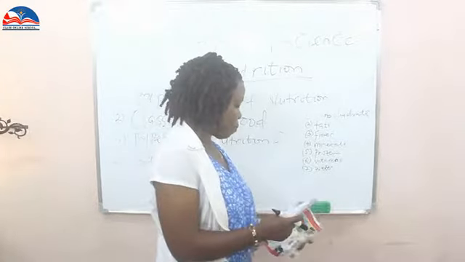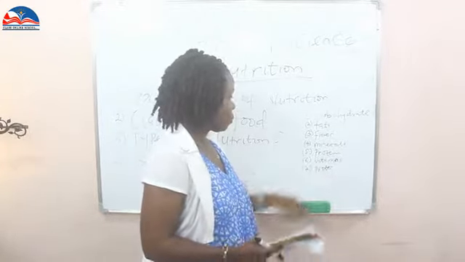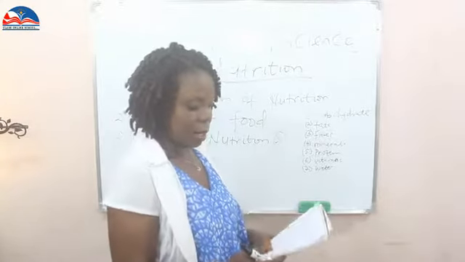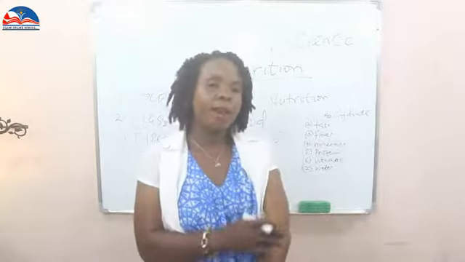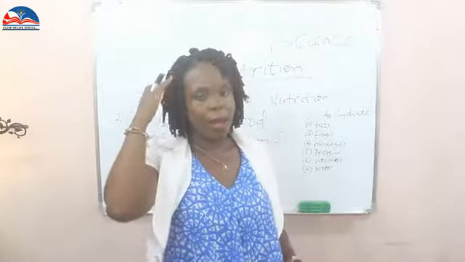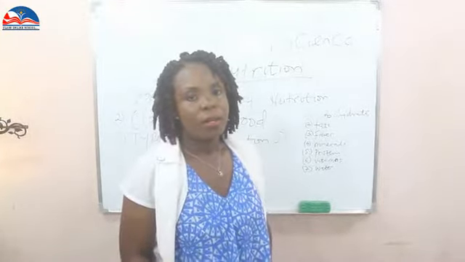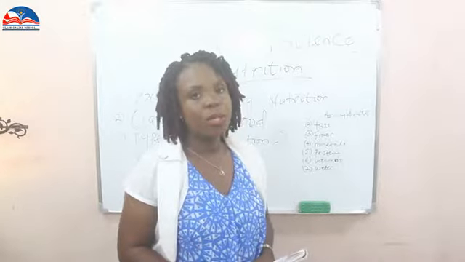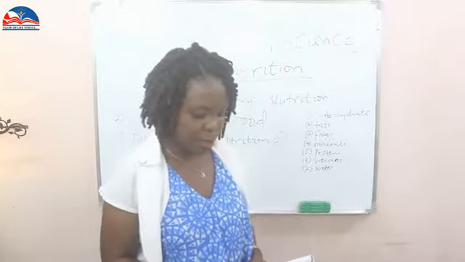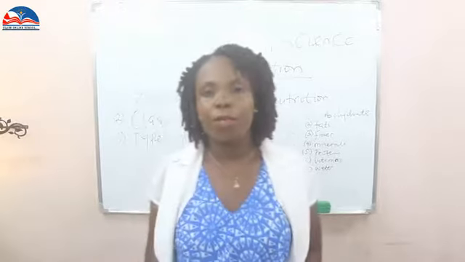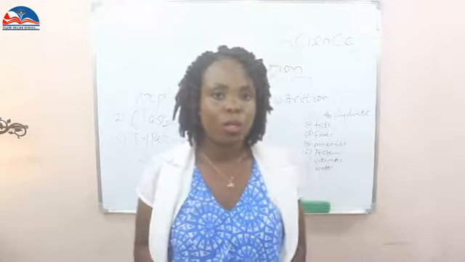Then we'll go to the next point, which is protein. Protein helps in developing our skin, our hair, and our body muscles. Our body needs protein to function effectively. We need at least 500 grams of protein to function.